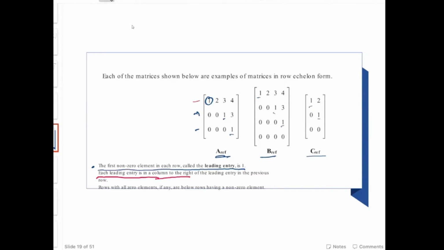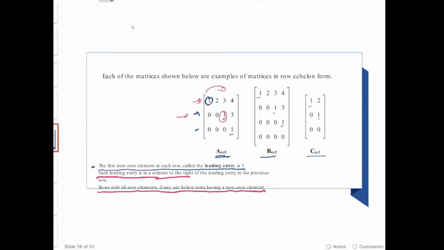This is the first row. We note that 1 is the leading entry. This is the second row. The leading entry is to the right of the leading entry of the previous row. So we are to the right. And then rows with all zero elements, if any, are below rows having a non-zero element.